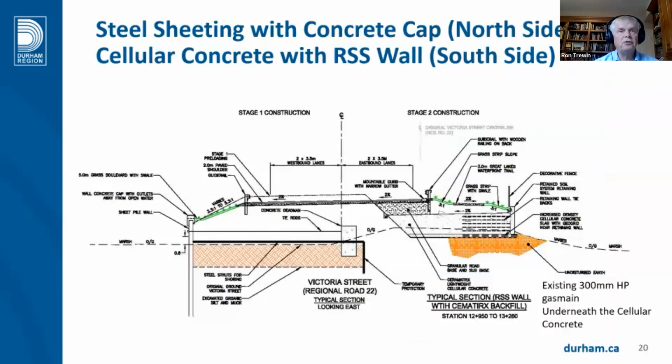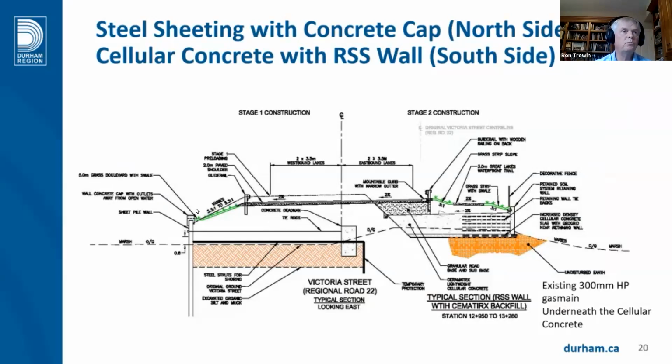So this picture shows the detail of the cross section. You see here the existing road and the little higher here. And what we did is we had to treat the construction in 2 different ways. The majority of the road was on the north side where we expanded into the marsh.